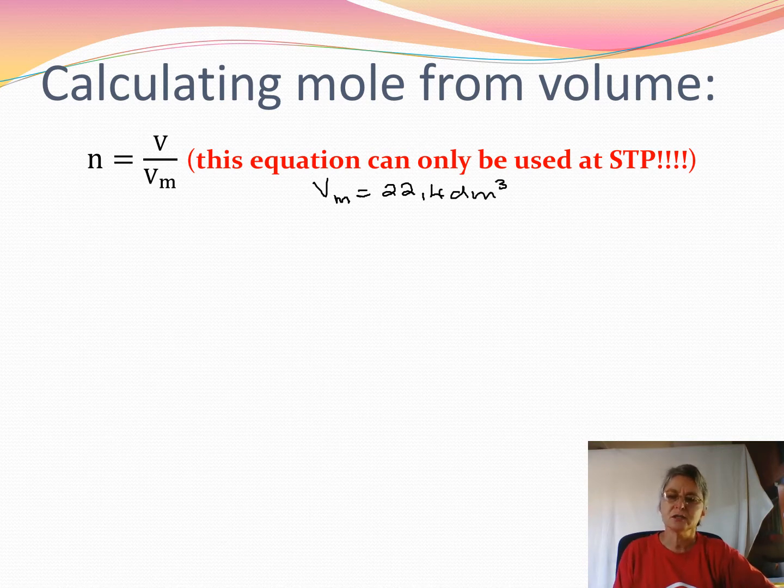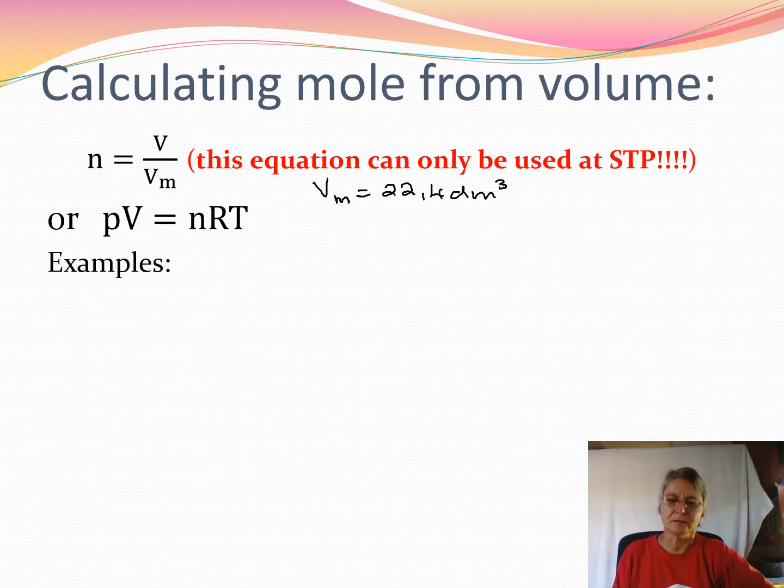You can still use the equation, but not 22.4 if the situation is not at standard temperature and pressure. Or we could use PV = nRT, the ideal gas equation.